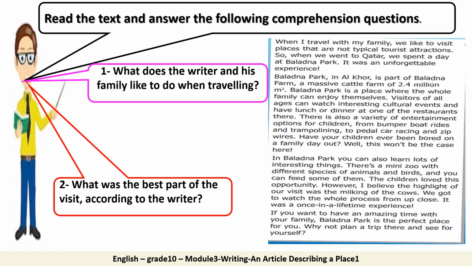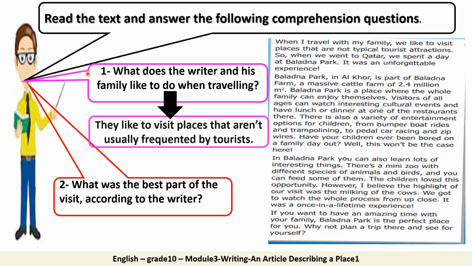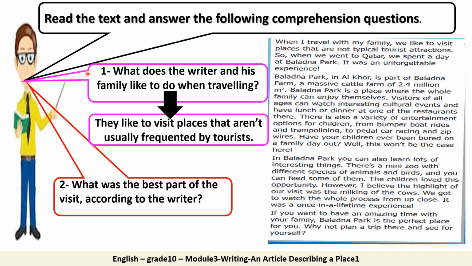Now read the text and answer the following comprehension questions. Pause the video, read the text and answer the questions. Let's share answers. The first question, what does the writer and his family like to do when traveling? Correct. They like to visit places that aren't usually frequented by tourists.